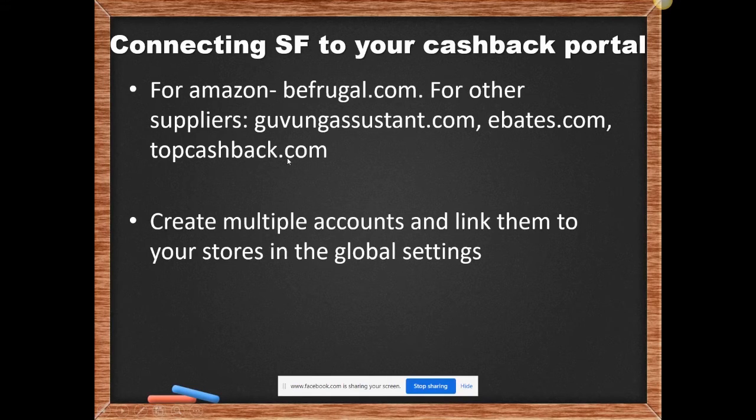Now, you guys, when you add a new supplier to your store, I recommend you first look this retailer up in those cashback sites. What do I mean? For example, if I'm not mistaken, Giving Assistant gives only 3.5% cashback for AliExpress, whereas, again, if I'm not mistaken, Top Cashback gives up to 6%.